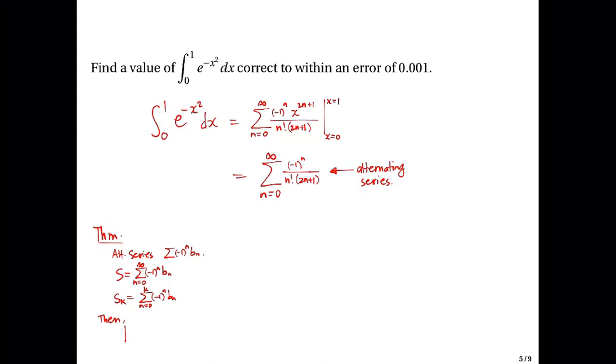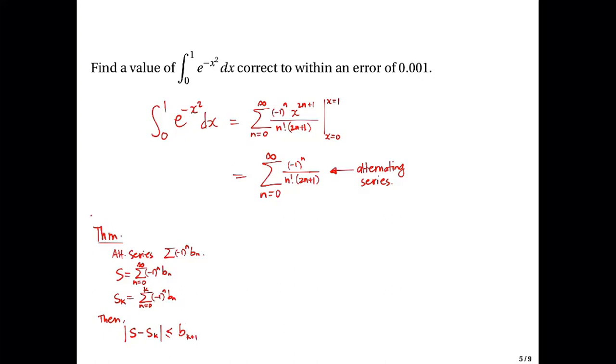The absolute value of S minus S sub k is less than or equal to the k plus first term. Okay? Particularly, this is just your b here. Okay? So we have here b sub k plus 1.